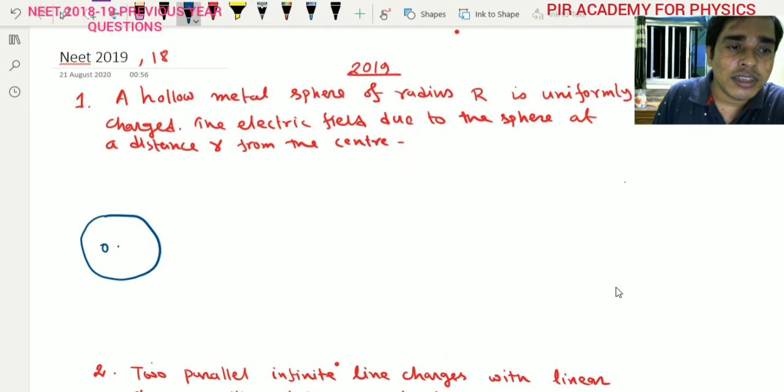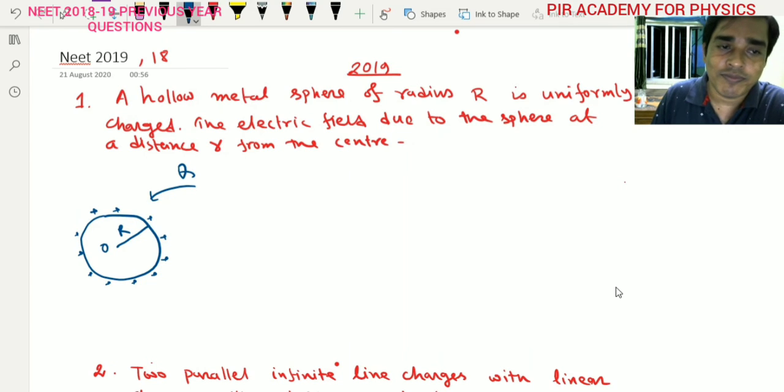Suppose this is the center and the radius of this hollow sphere is r, and this hollow sphere is uniformly charged. Suppose the total charge is q.